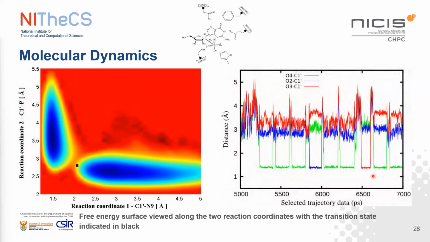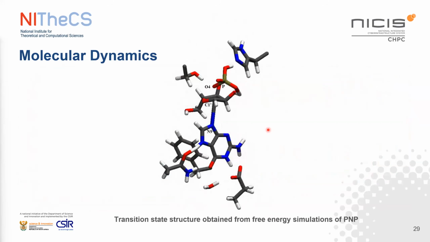So in this case, oxygen 4 is the ligand that you want to use. But the nice thing is that because you've sampled all of these, you know exactly which oxygen, and you can say, okay, look, O4 is the one that wants to bond to this carbon.